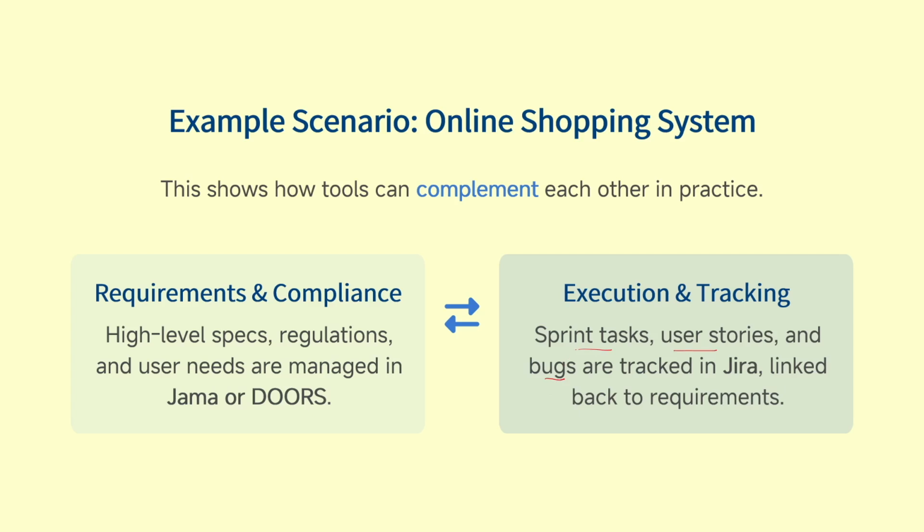So what you can understand from here is that it is not that you can use them in isolation. It is not a single handed tool. You can very well have an integration with these tools to manage the requirements and other things. You can have JAMA, and to see how the progress is, how the execution and tracking, you can go for Jira, and you can integrate these two in the software and you have a much better view of the system.